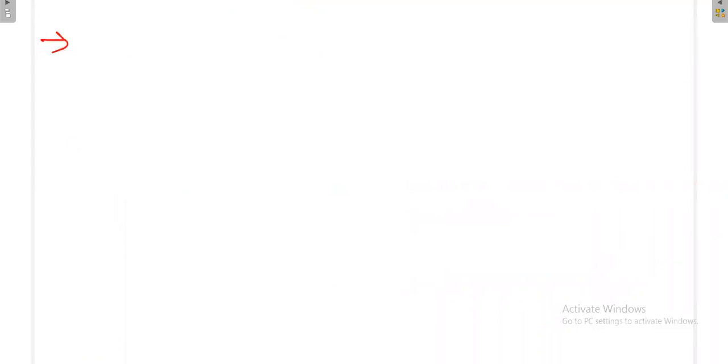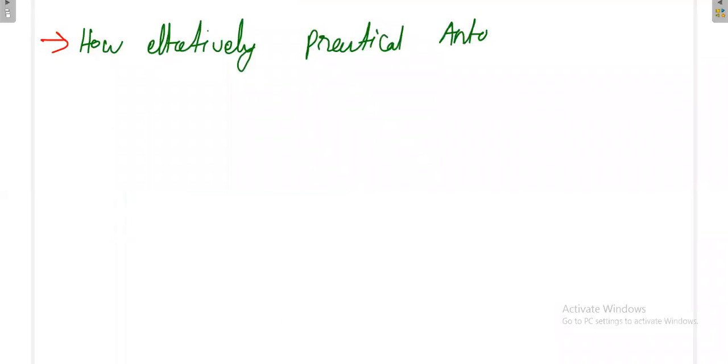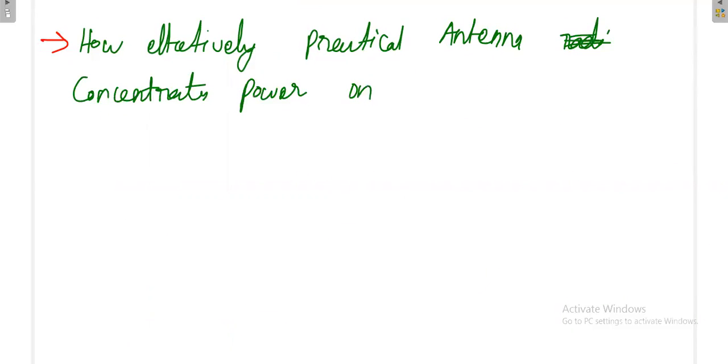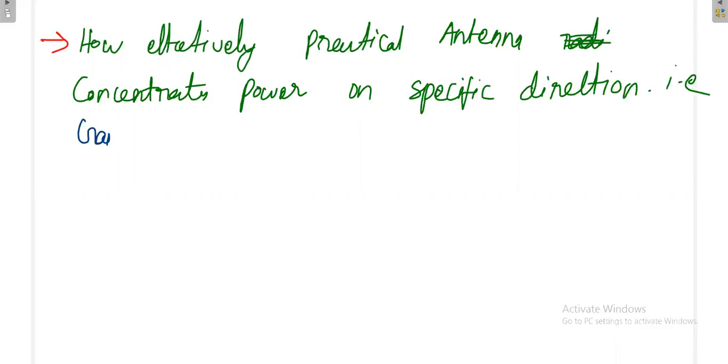How effectively a practical antenna concentrates power in a specific direction. That is the gain of the antenna.